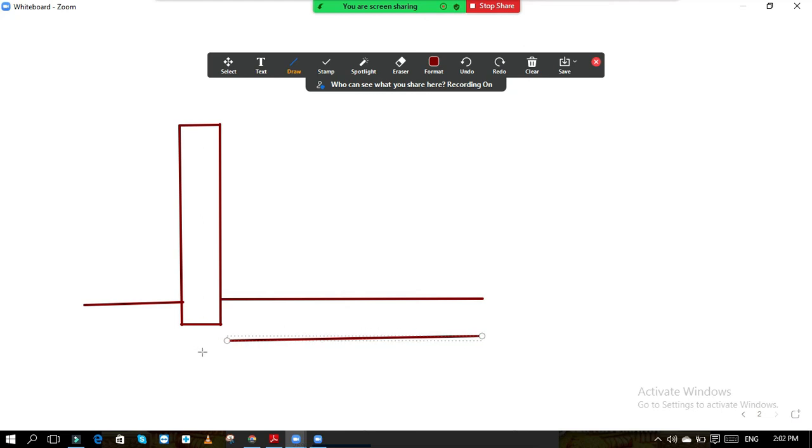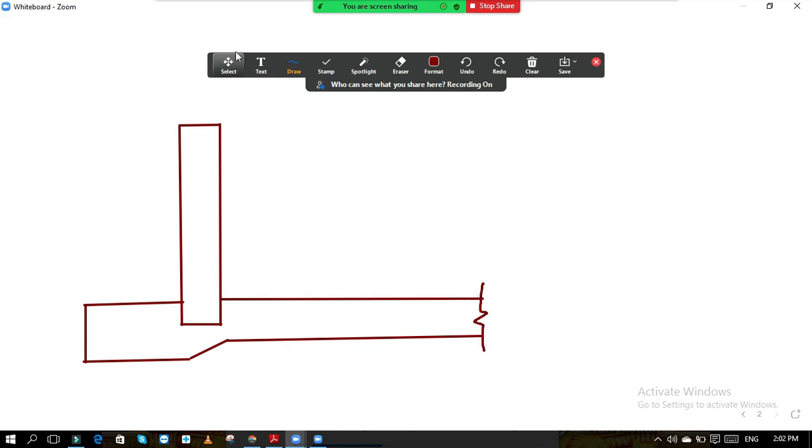It is designed like this. Its depth is more towards this side. Okay, and join this, and here we will show section.